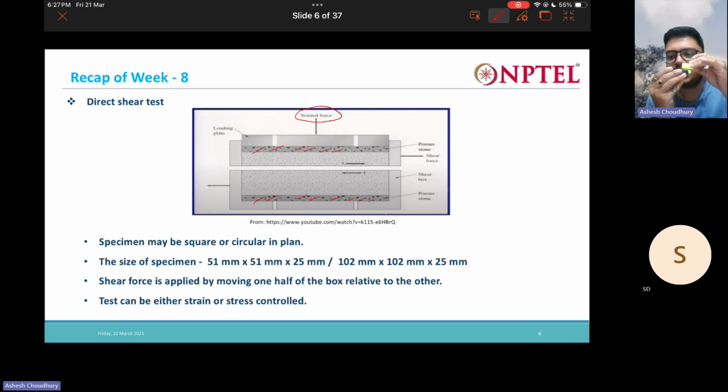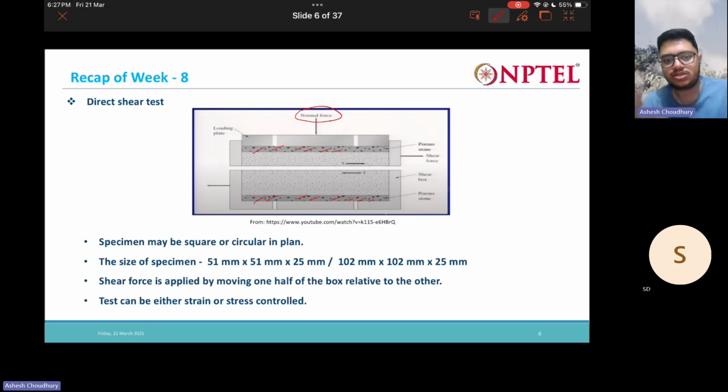You shear the two halves, with the soil filled inside, and then you plot the shear stress versus the strain values. That is what you note down.